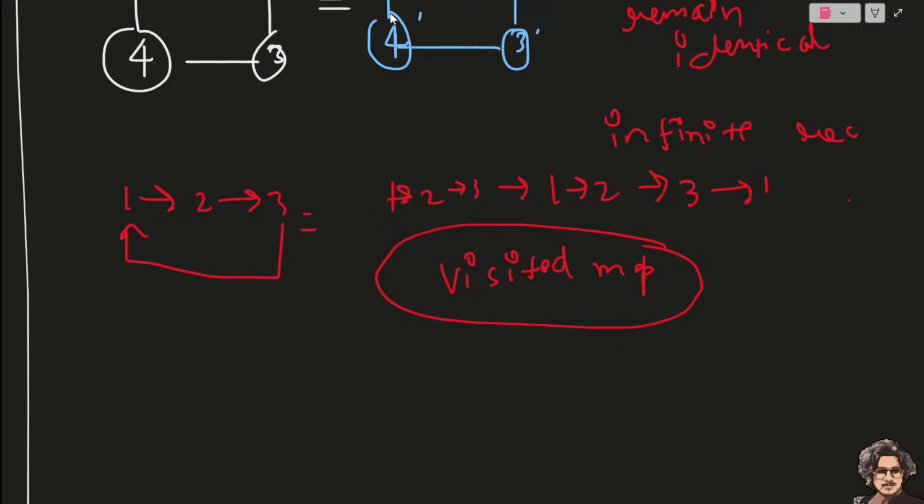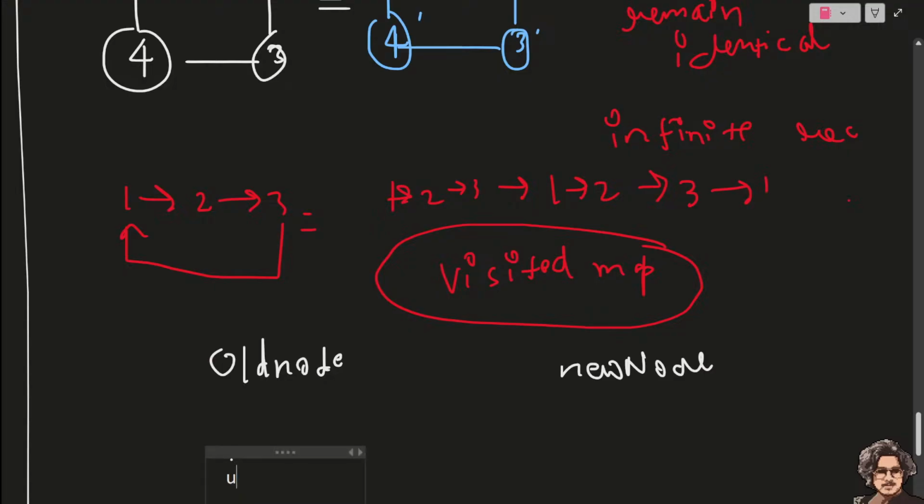For every original node, we denote it as the old node, and every new node we create, we call the new node. For storing these, we can use an unordered map.